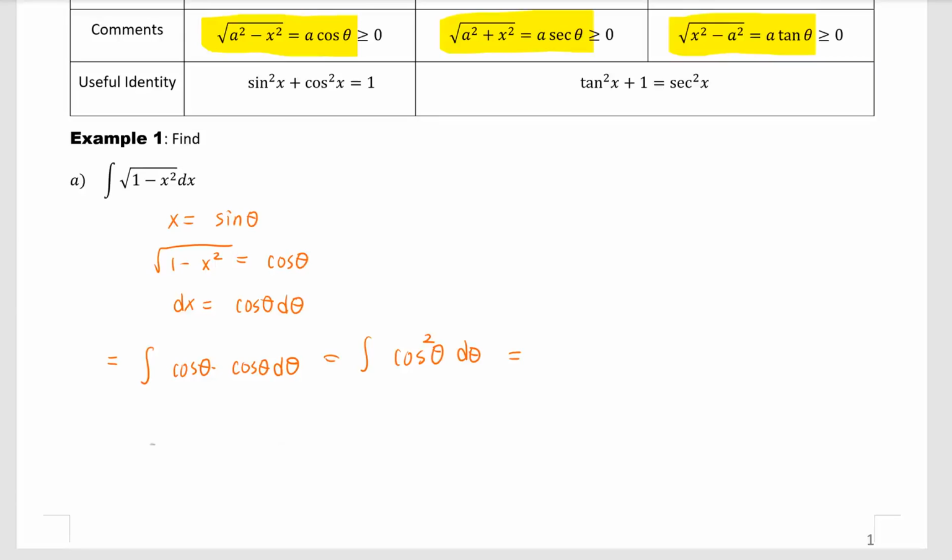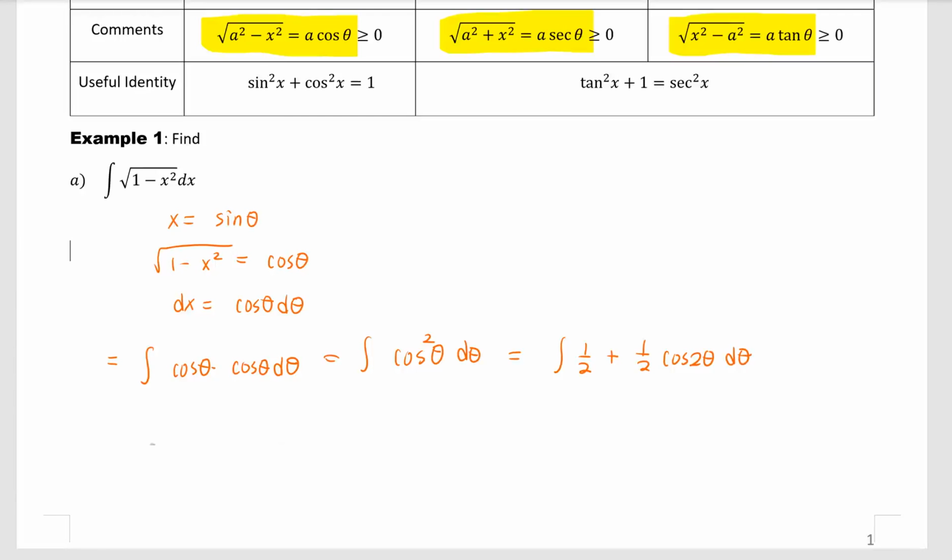Okay, so cosine squared, you see that we get the integral that we learned in 7.2. The power is even. What do we do? Which case? The third case, right? So we use the double angle formula. So cosine squared is 1/2 plus 1/2 cosine 2 theta.